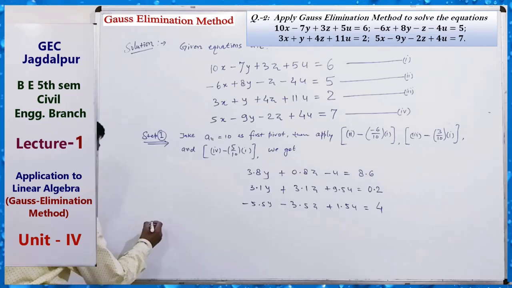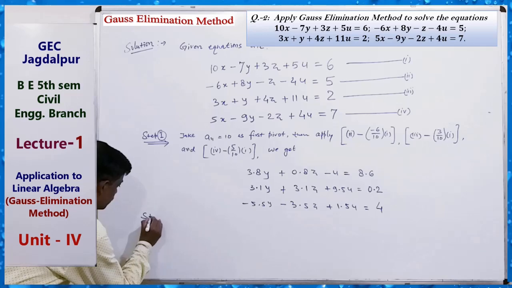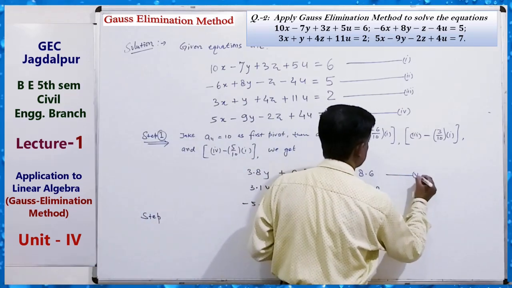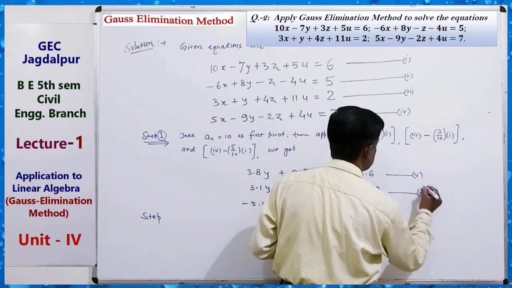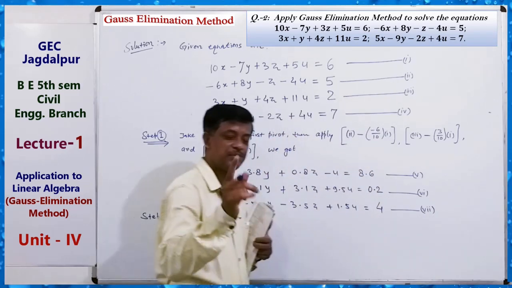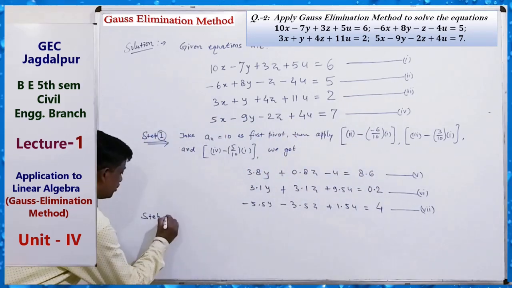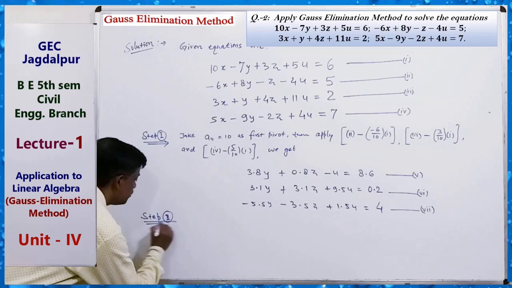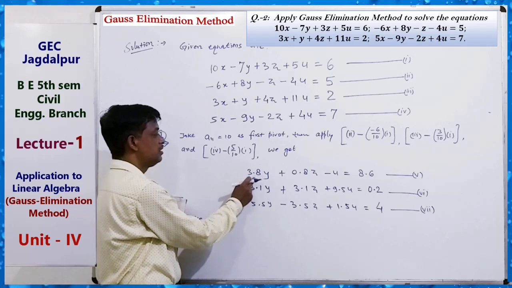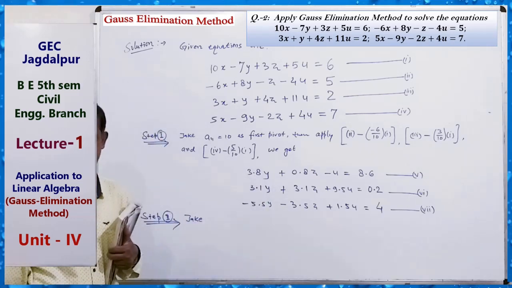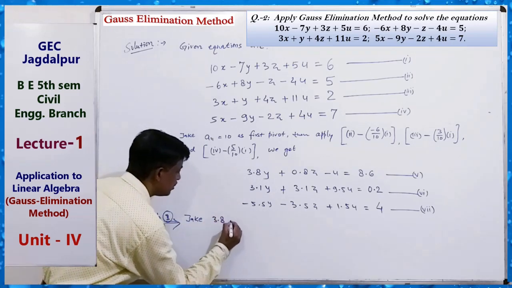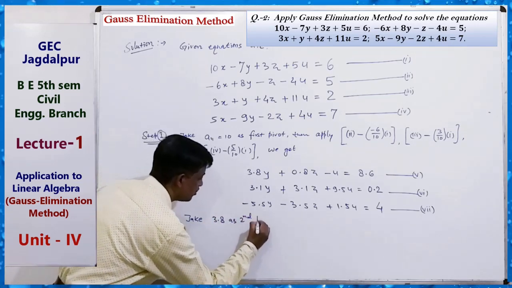So here step 2, this is equation 5, equation 6, equation 7. You have to name the equations. Now step 2 will be what? Take pivot now, because this is not equal to 0. Now take 3.8 as the second pivot element.